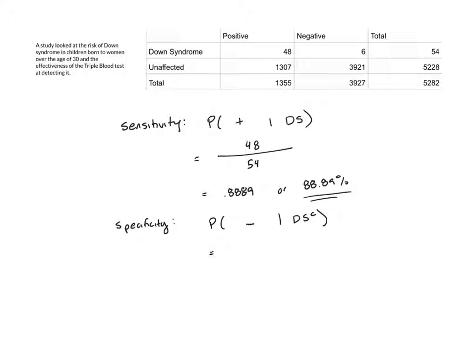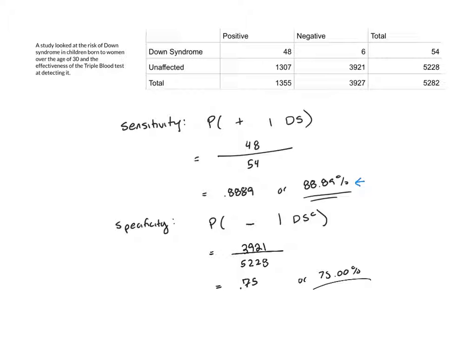To calculate this, we need to put the total number born without Down syndrome, 5228, on the bottom, and on the top, the number who got a negative, 3921. What this allows us to do then is divide, and when we do that, we'll get 0.75 or 75%.